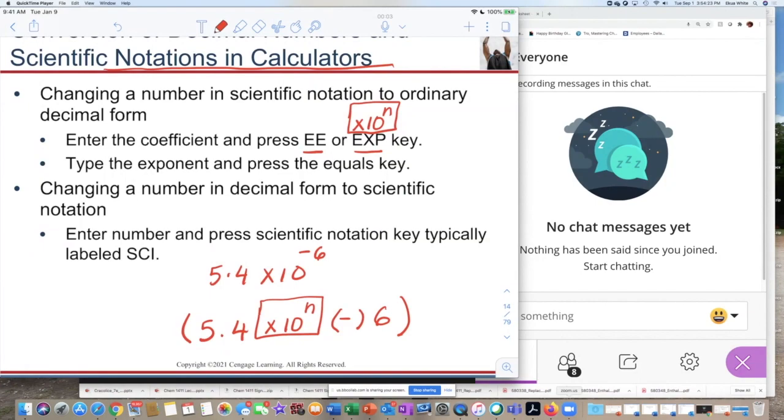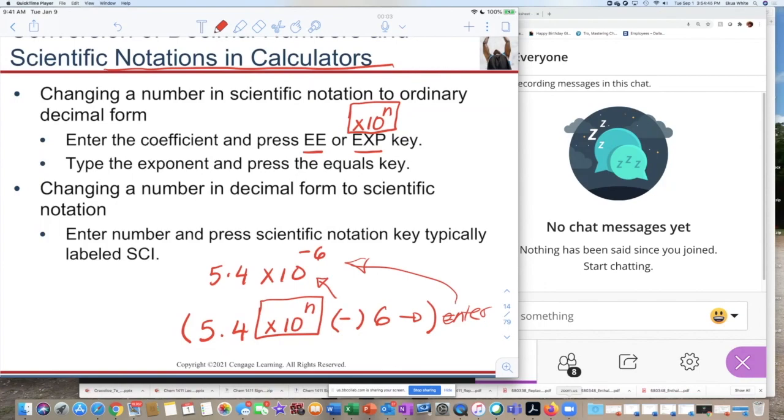Okay, actually, no, there's one more step. I have to use the right arrow, close parentheses. I have to plug in all these values here just to tell my calculator to input this number. And when I press equal or enter, I get this number up here.